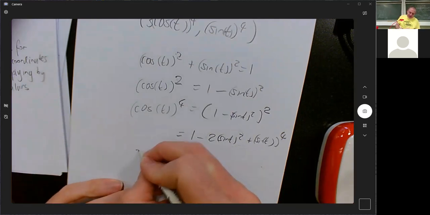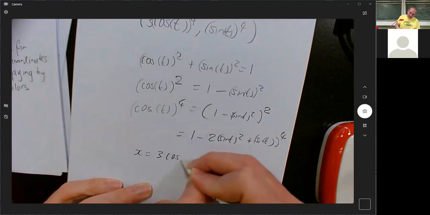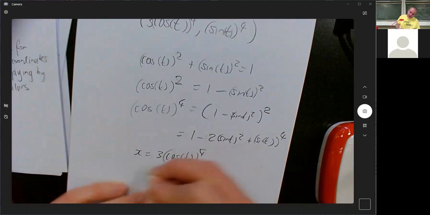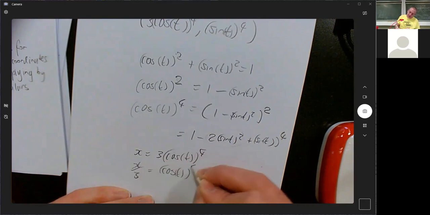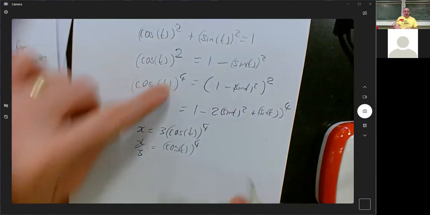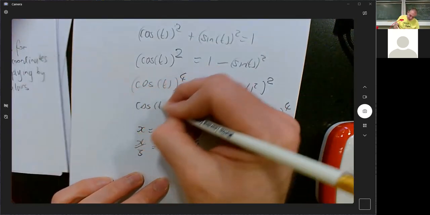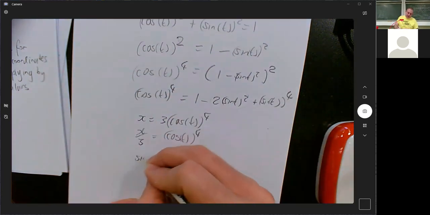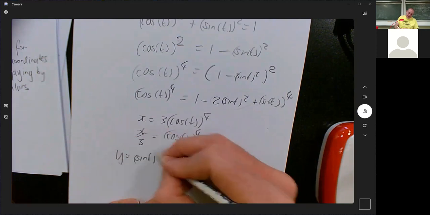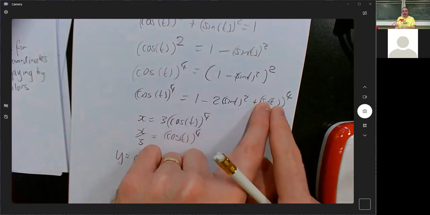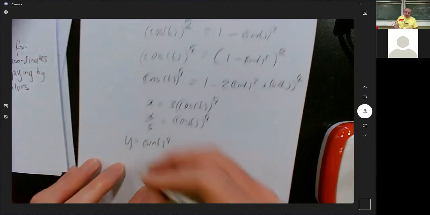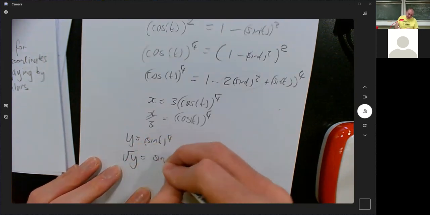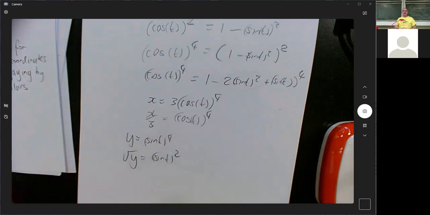So I do know that x is equal to 3 cos t to the 4. And so x on 3 is cos t to the 4. So I can sub in that there. And I do know that y is sine t to the 4, so I can sub that in there. And I guess if I square rooted it, that'll be sine t squared.